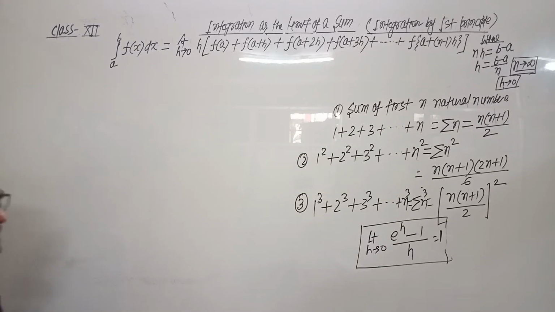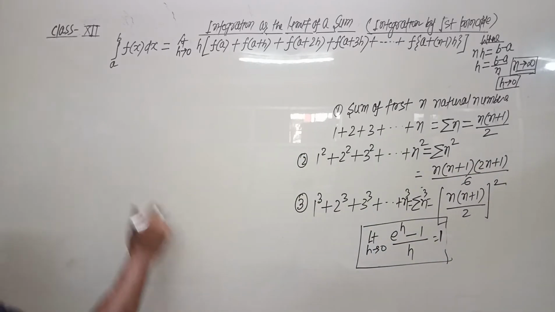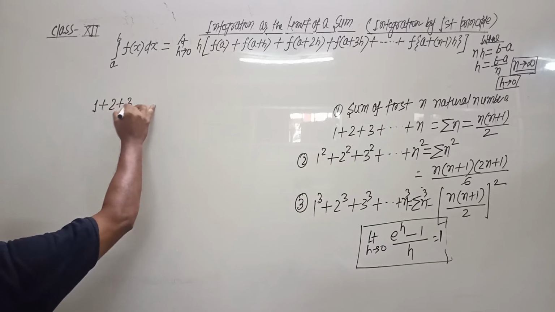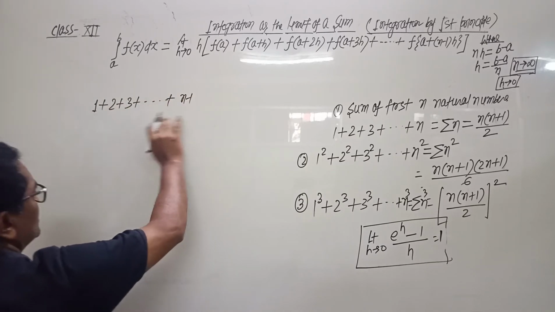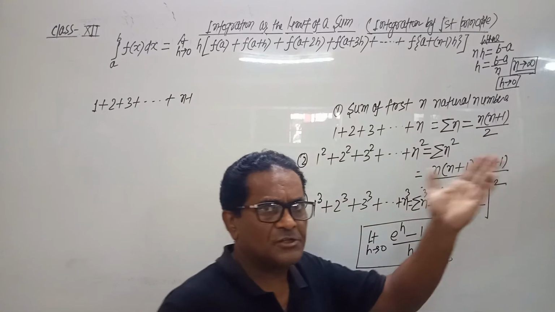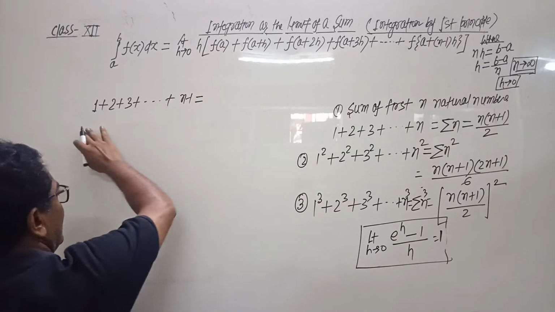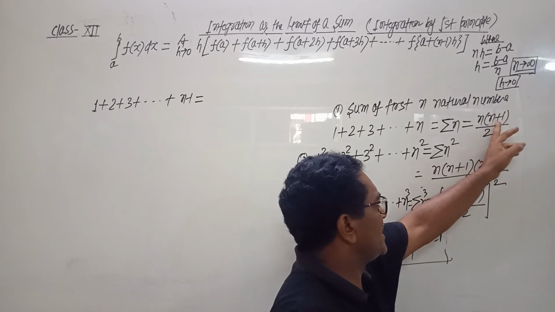If there is a sum to n minus 1 terms, if in our question there is 1 plus 2 plus 3 plus ... n minus 1, this is called the sum to n minus 1 terms, just before n terms. So for finding this formula we replace n by n minus 1.